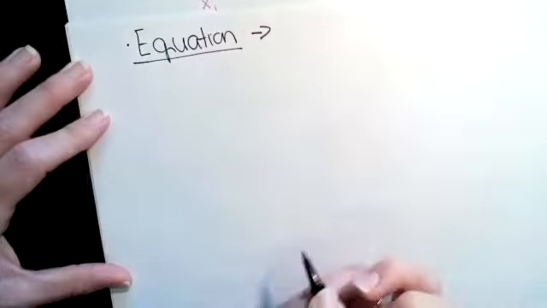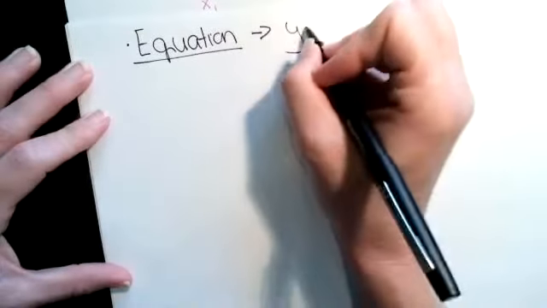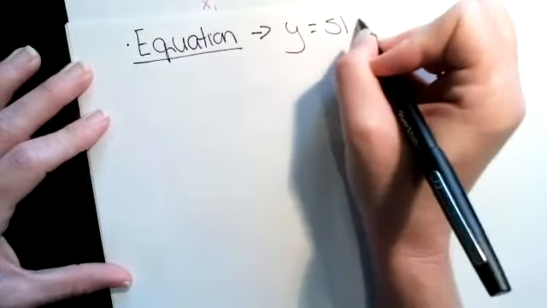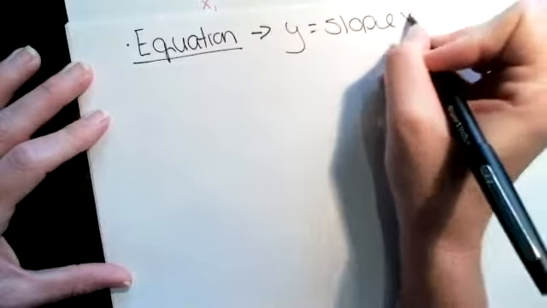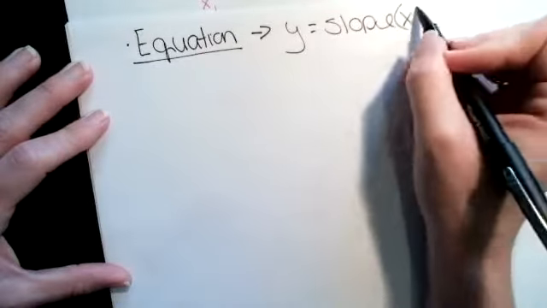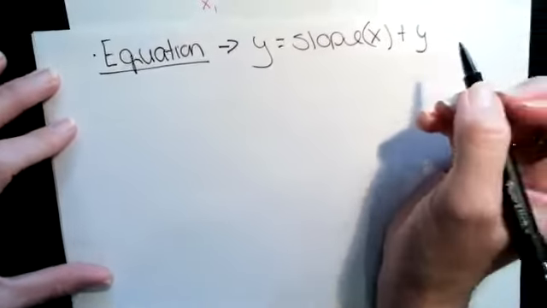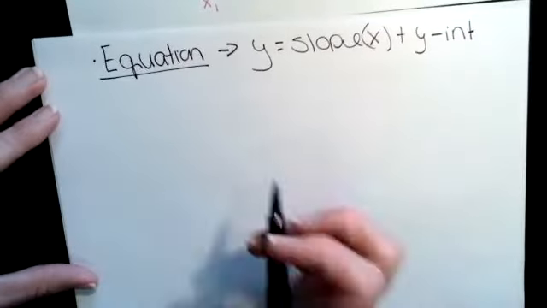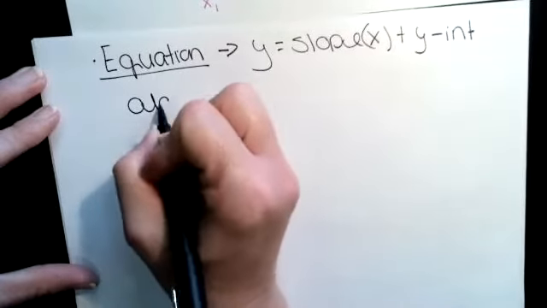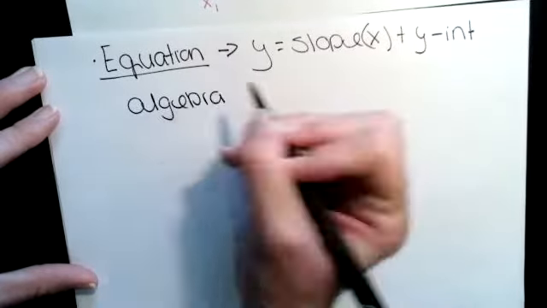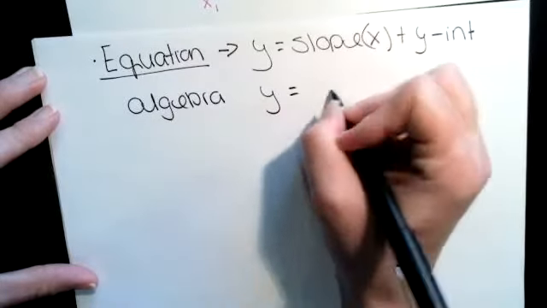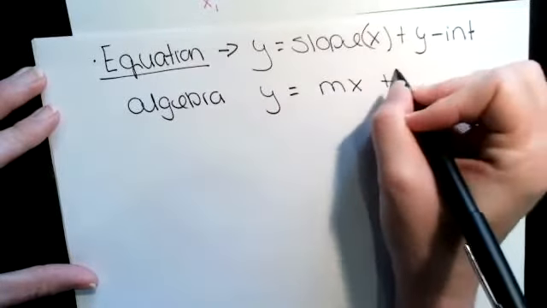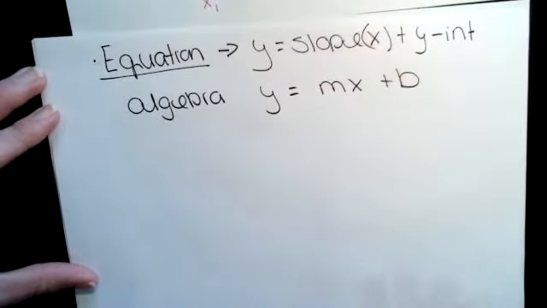if you recall from algebra, it's y is equal to the slope times some x value plus my y-intercept, right? And in algebra, we looked at y equals mx plus b for that equation.